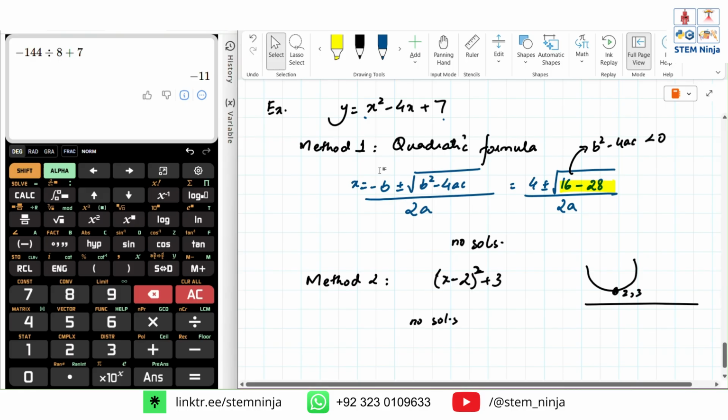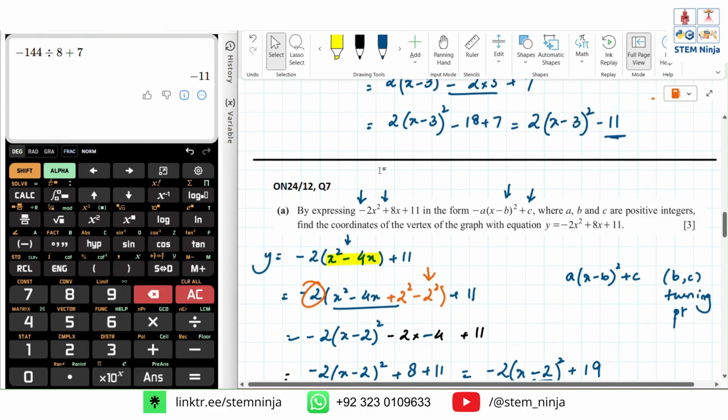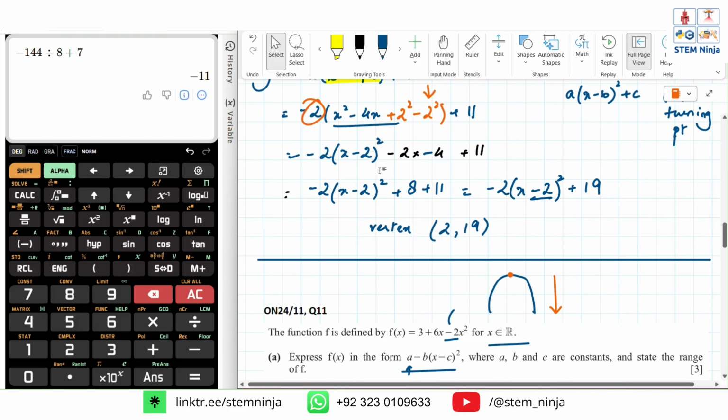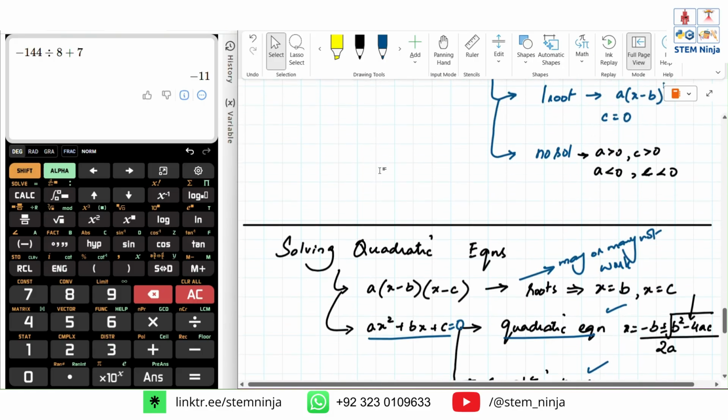Let's look at other examples. So this was a very good example of showing both ways of solving quadratic equations. Let's say we have this: minus 2x squared plus 8x plus 11.